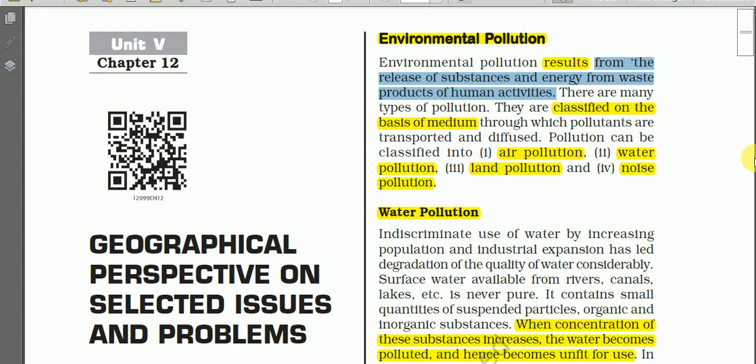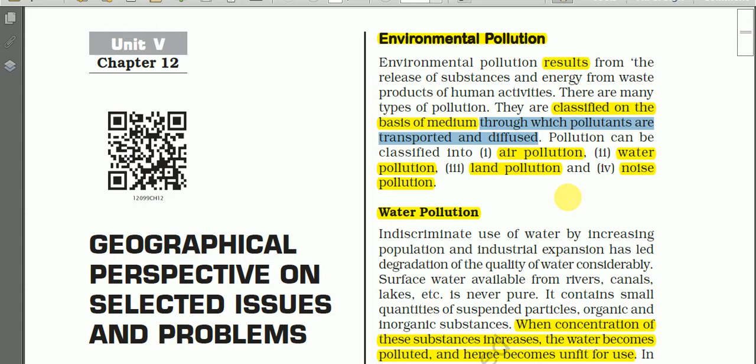You have learned about these environmental pollutions, and environmental pollutions are classified on the basis of medium through which the pollutants are transported and diffused. Okay, transported and spread. Pollutants, you know, the substances that cause pollution.